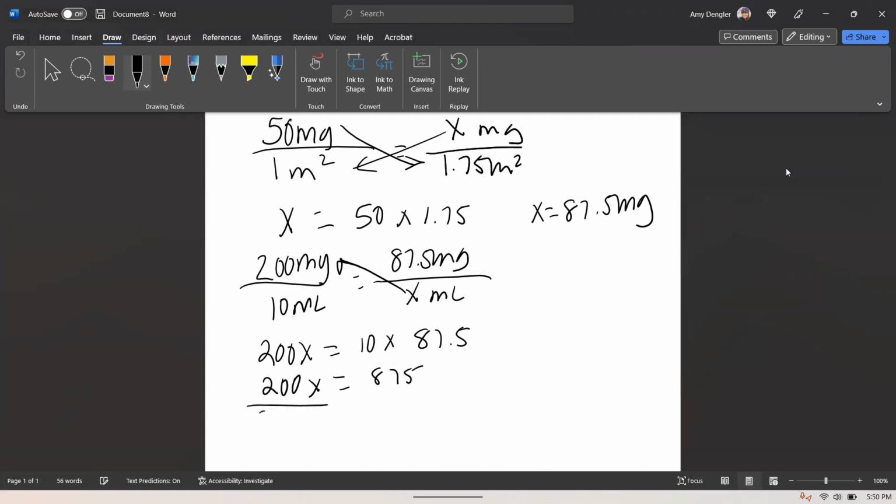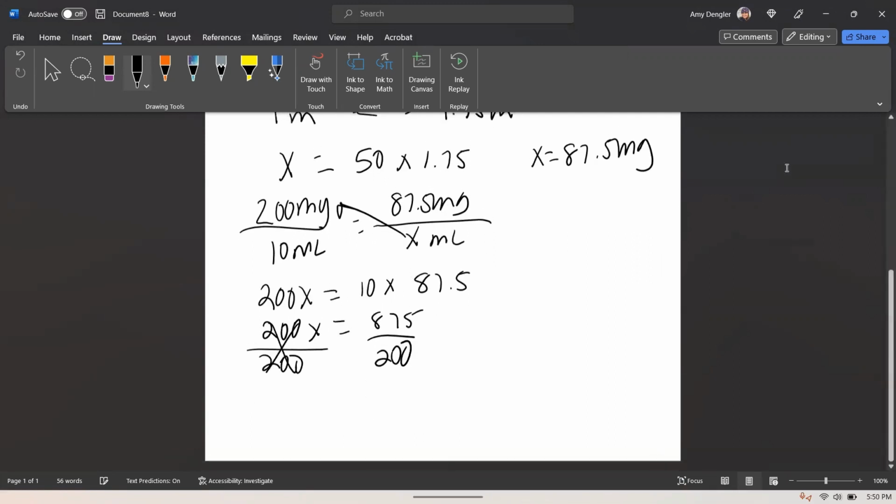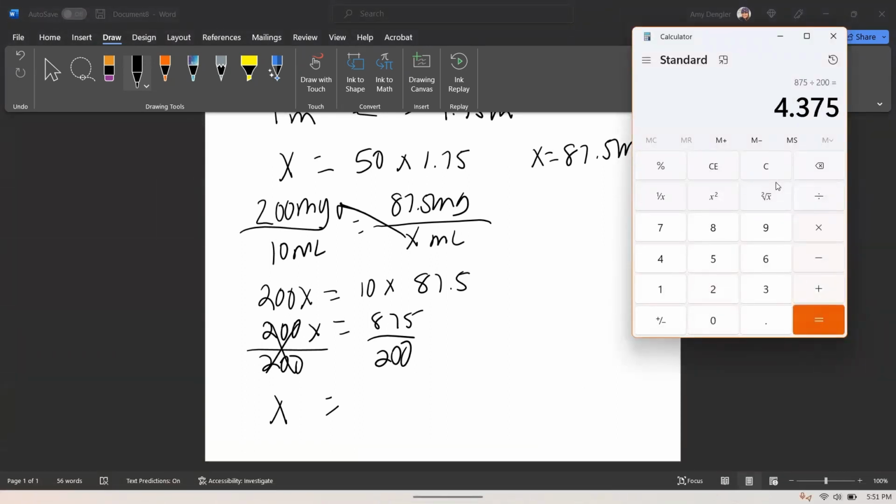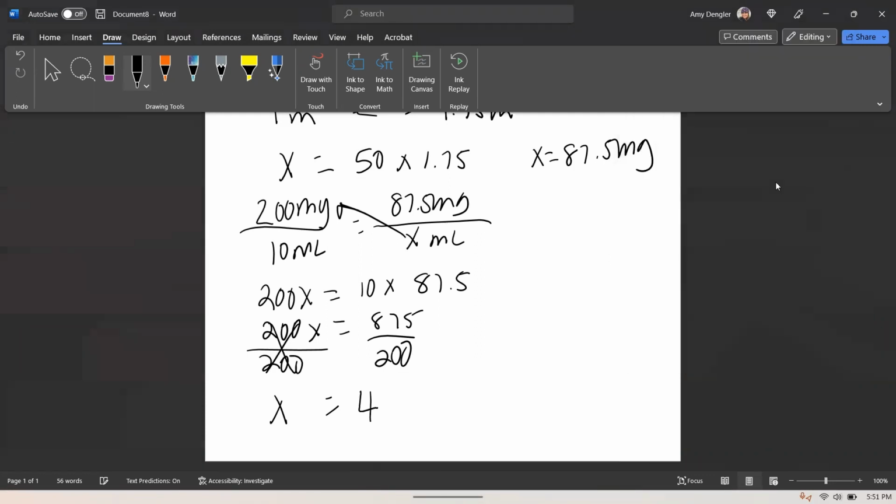We need to get x alone, so we need to divide each side by that 200 to get rid of it on that side. And then we just need to do 875 divided by 200, which gives us 4.375. We'd say 4.38 ml. And it looks like the book rounded it to 4.4 ml.